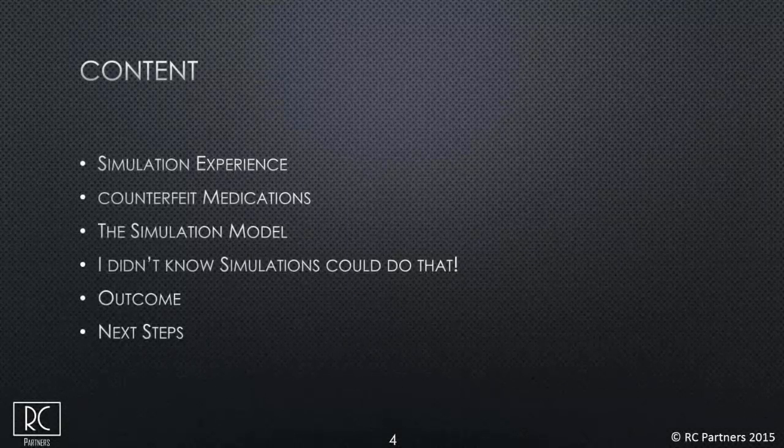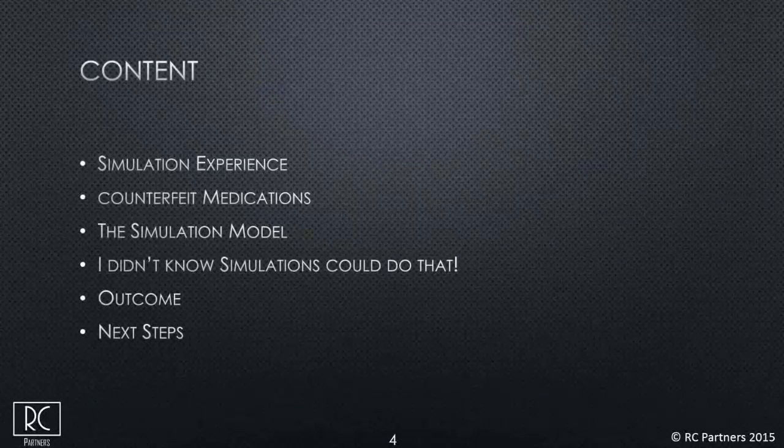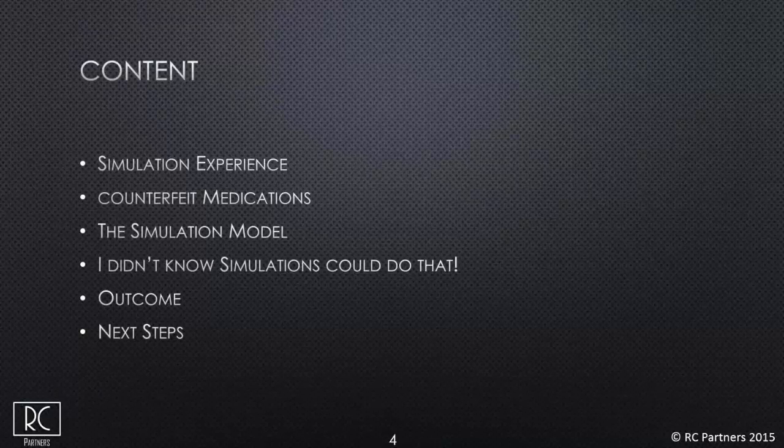I did want to go through a little bit about just some background experience with simulations, and then I'd like to talk about the problem that was occurring in the U.S. back in the early 2000s, just so you have an understanding of what we're trying to solve for. And then I'll go through the model. I'll go through pieces of the model that I think are particularly interesting.